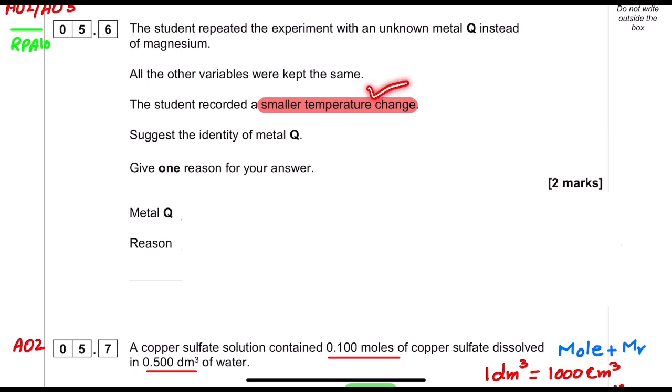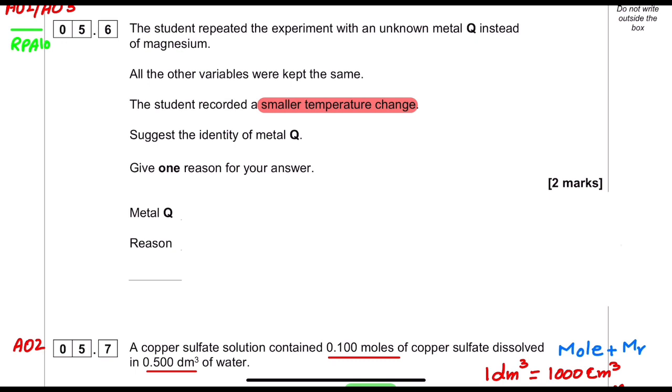So key information is given here. When metal Q was added instead of magnesium, the reaction was slow and the rise in temperature was not very much, which shows that metal Q is less reactive than magnesium.